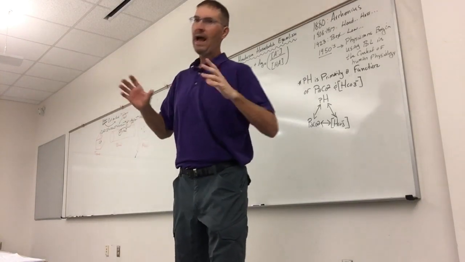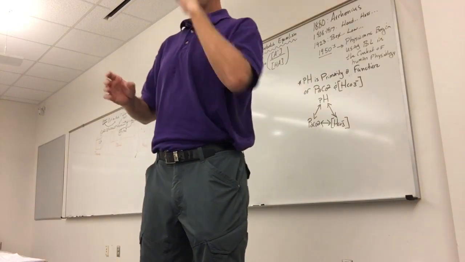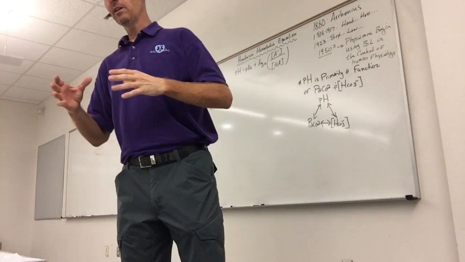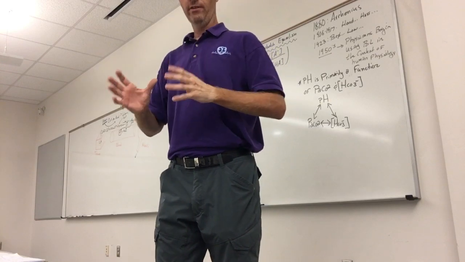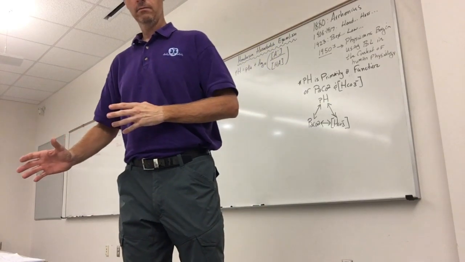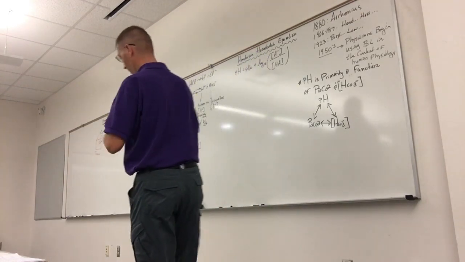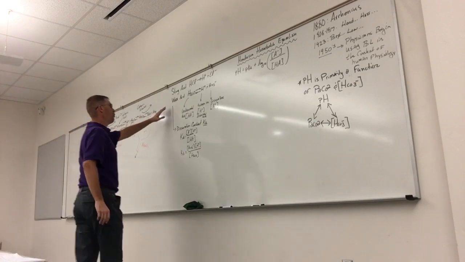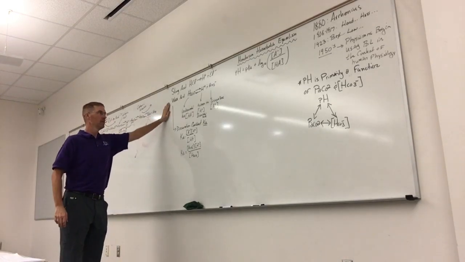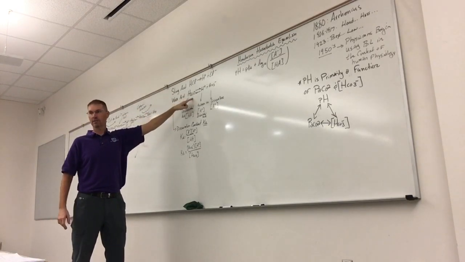But most acids are not strong. That is to say, when you dissolve that acid in blood plasma, not all of it will dissociate. Does that make sense? And if less than 100% of it dissociates, it's what's called a weak acid. So here I have an example of carbonic acid, H2CO3.